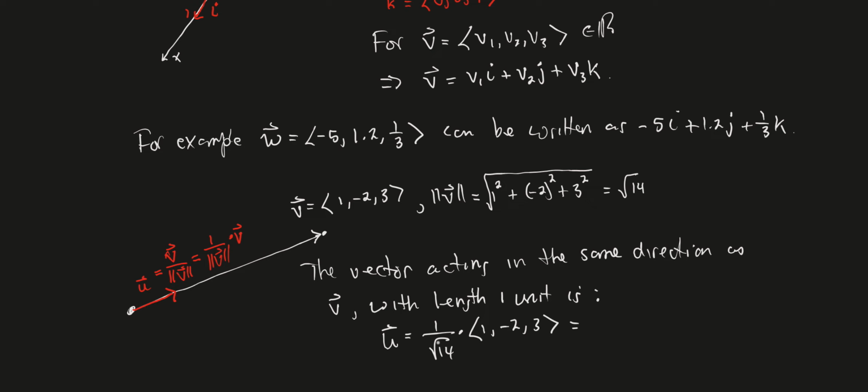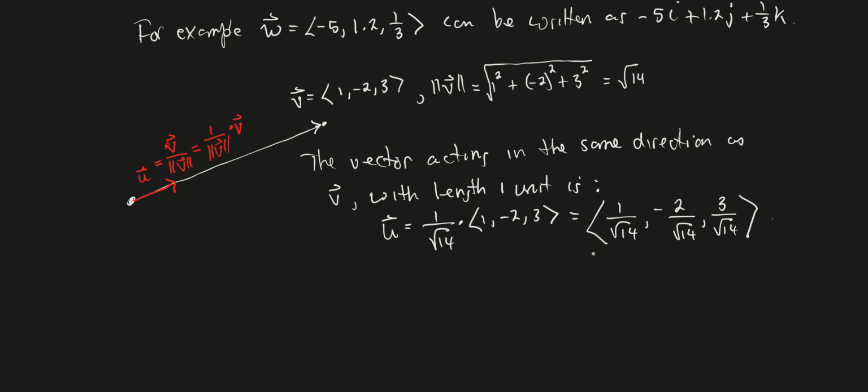So if I now do my scalar multiplication and distribute the 1 over root 14, I will get this vector: 1 over root 14, comma, negative 2 over root 14, comma, 3 over root 14. And so we claim that this is a unit vector. Let's check that to see that it is actually a unit vector.